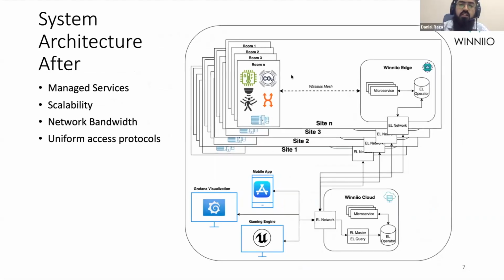I know there are a lot, but focus on one site. What changed was, instead of having a MySQL on the edge and a MySQL in the cloud, we had EdgeLake operator nodes, or Anylog operator nodes, that serve as databases for us.